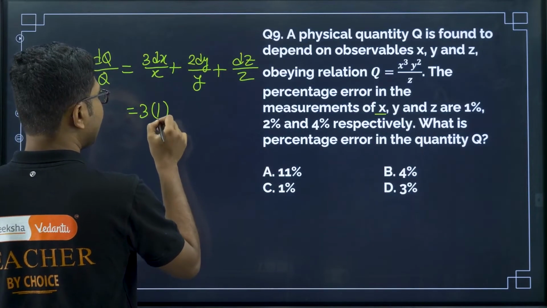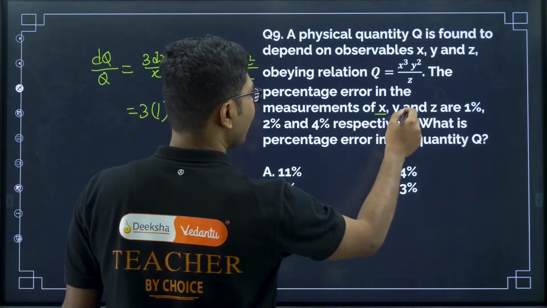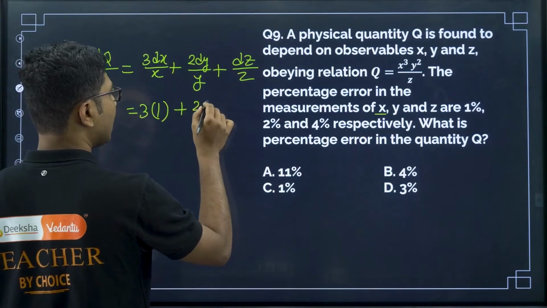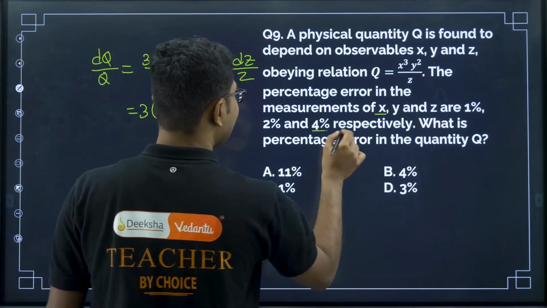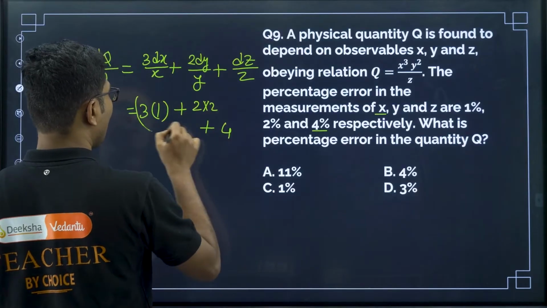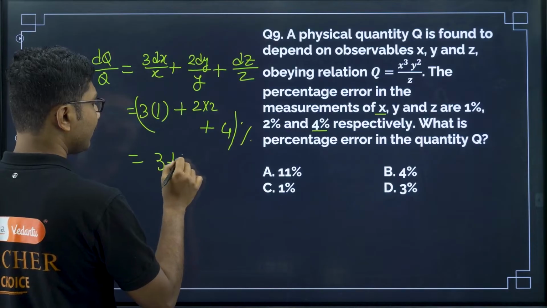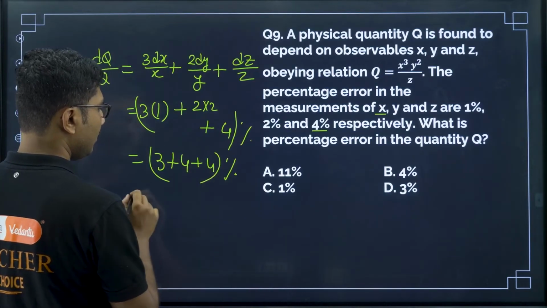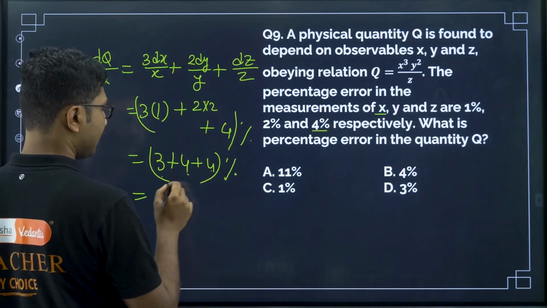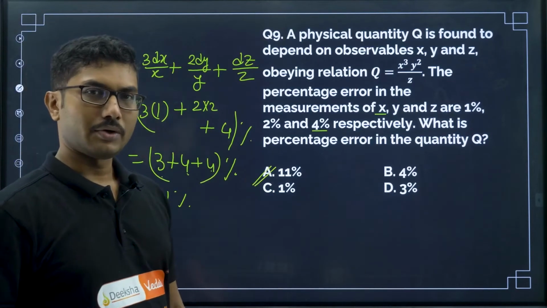The percentage error in y is 2%, so 2 into 2, plus the percentage error in z, which is 4%. So 3 plus 4 plus 4 percent. 3 plus 4 is 7, 7 plus 4 is 11. So the correct answer is 11%. Okay. Simple.